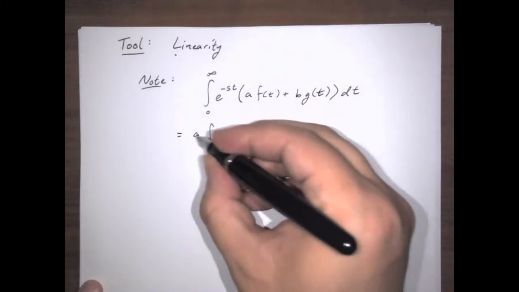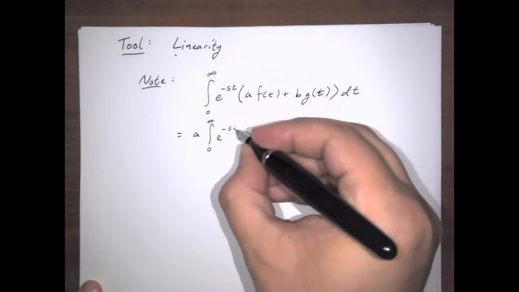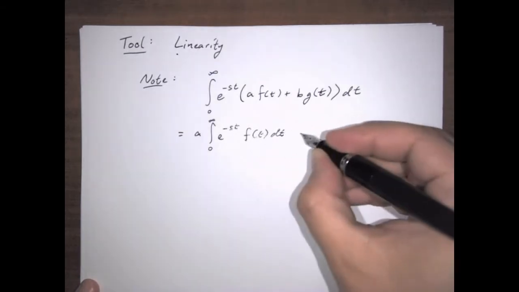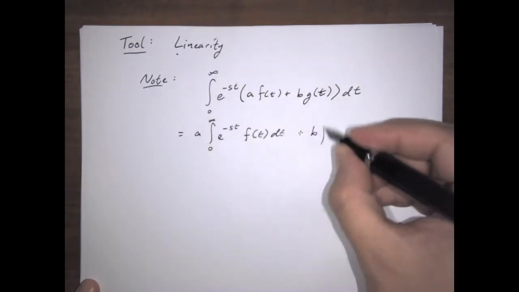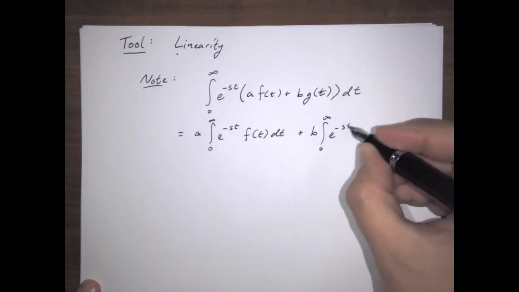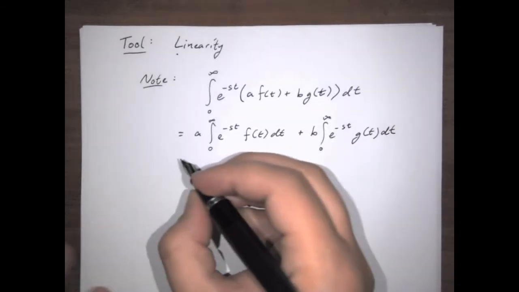This is a times the integral from 0 to infinity of e to the negative st f of t dt plus b times the integral from 0 to infinity of e to the negative st g of t dt.